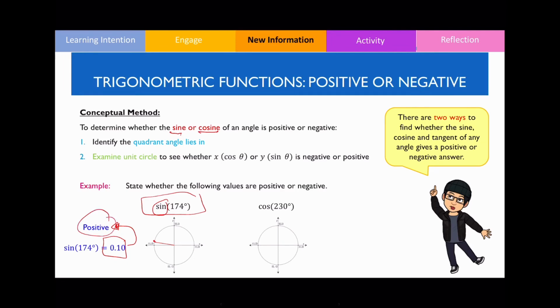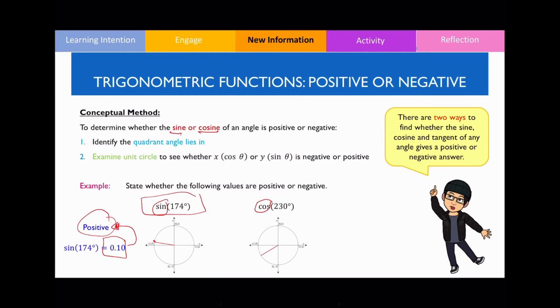And for the second example, cosine of 230 degrees, find which quadrant 230 degrees belongs in. 230 degrees in this case belongs in quadrant 3. And in this case, because it's talking about cos, remember cos refers to the x value, okay? So it's talking about the horizontal distance of that coordinate relative to the origin.